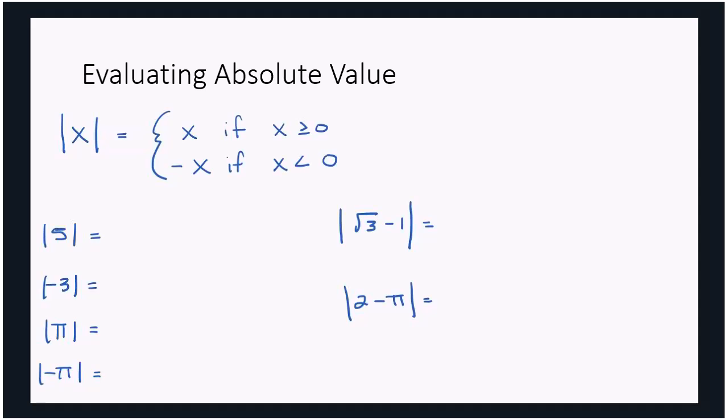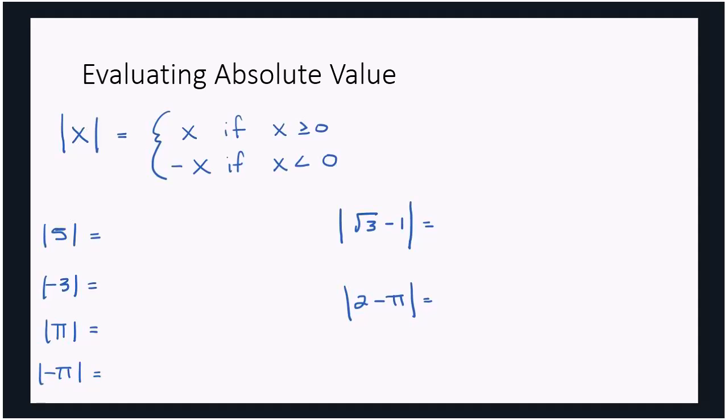And to solve that, if the number inside of the absolute value bars is positive, in other words it's greater than 0, then you're just going to keep it as a positive value. If the number is less than 0, then to find out what the value is, you're going to put a negative in front of that. So I'll show you what that means.